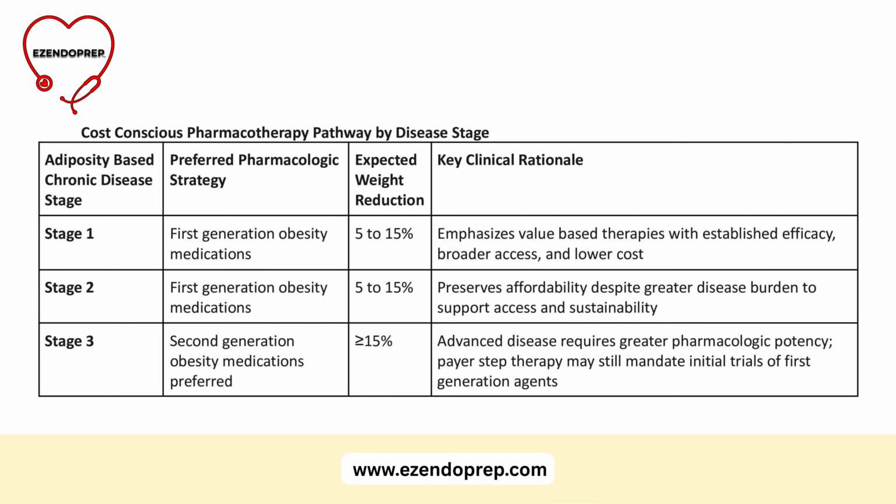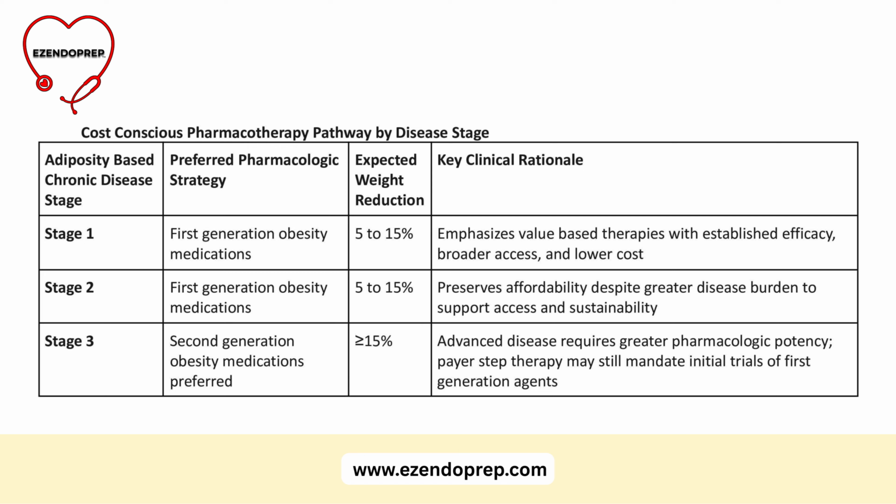In stage 1 ABCD, the recommendation is to consider first-generation obesity medication with an expected 5% to 15% weight reduction. The emphasis here is value-based care: medications with established efficacy, broader access, and lower cost, while still achieving clinically meaningful weight loss.